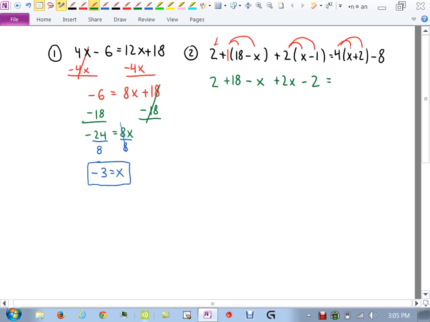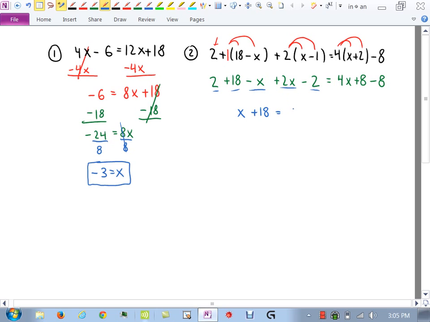Other side, 4 times x is 4x, 4 times 2 is 8, and then minus 8 was still sitting here. I'm going to collect like terms on left and right. So on the left side, I can put this and this together. That gives me x, because 2x take away x is x. 18 minus 2, that gives me 18.